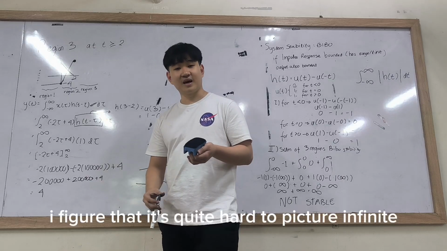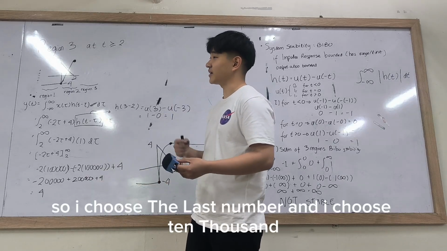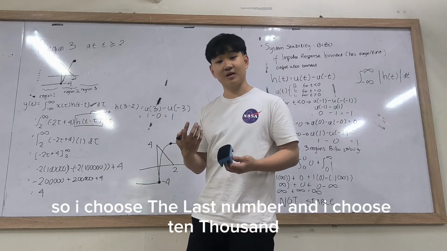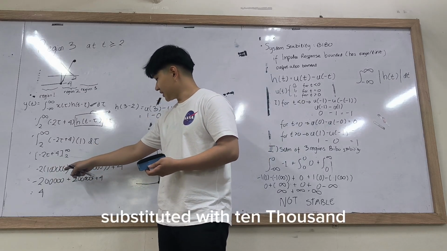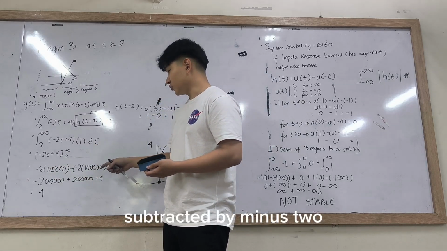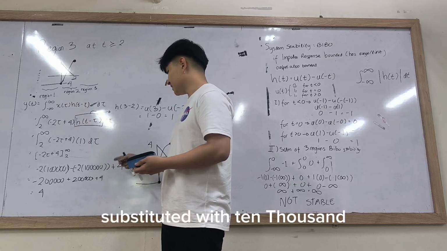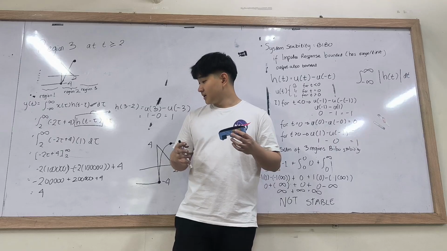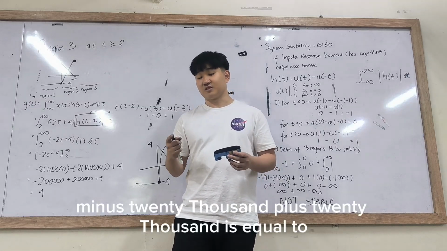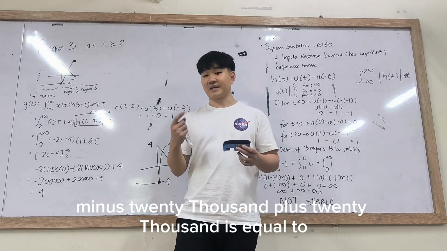Since it's quite hard to picture infinity, I chose a large number, 10,000. So it's minus 2 substituted with 10,000 subtracted by minus 2 substituted with 2. And of course the result is 0, because minus 20,000 plus 20,000 is equal to 0.